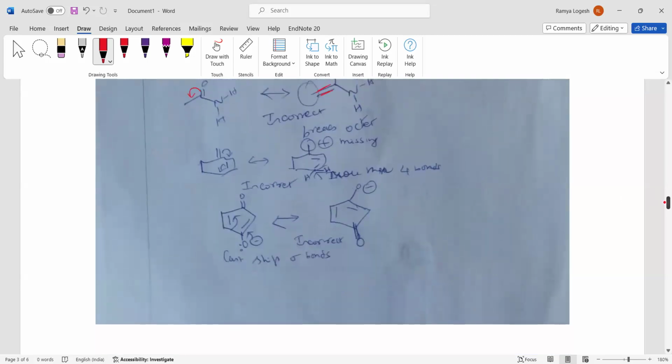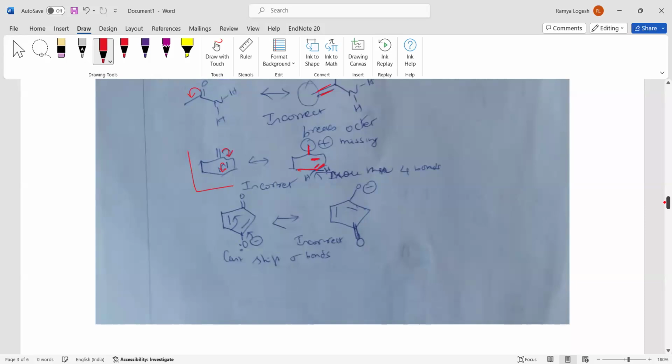Look at this. You have this structure and they are showing you the markings, how the electrons are moving. They are telling you that the double bond is getting shifted over here, and you are getting a double bond over this and a single bond over there.